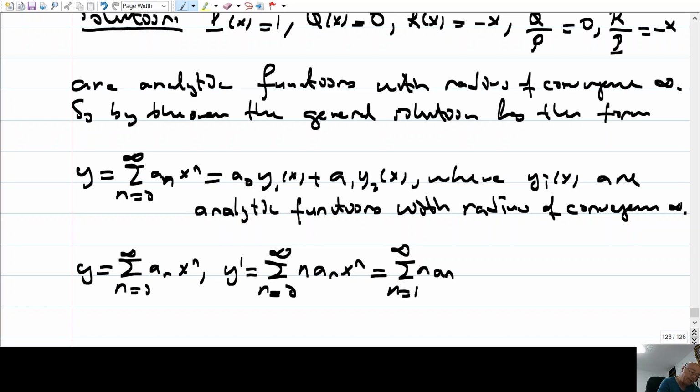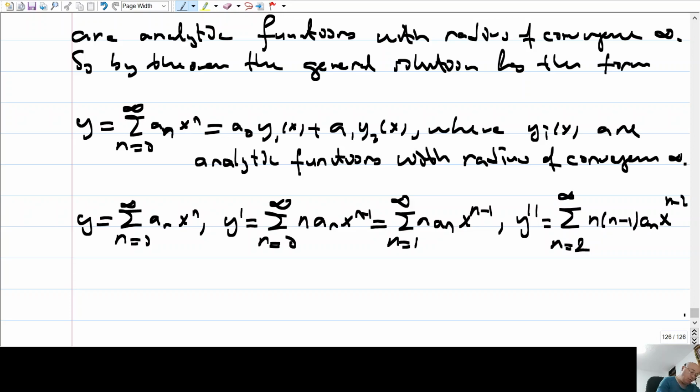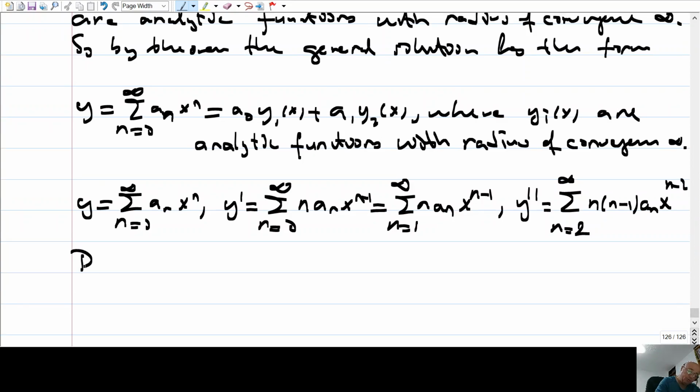And similarly, the second derivative: you take the derivative again. So n times n minus 1, a_n x to the power n minus 2. I start from 1 to infinity, but again, when you plug 1, you get already 0, so we may just start from 2. Okay, now let's plug them into the equation.